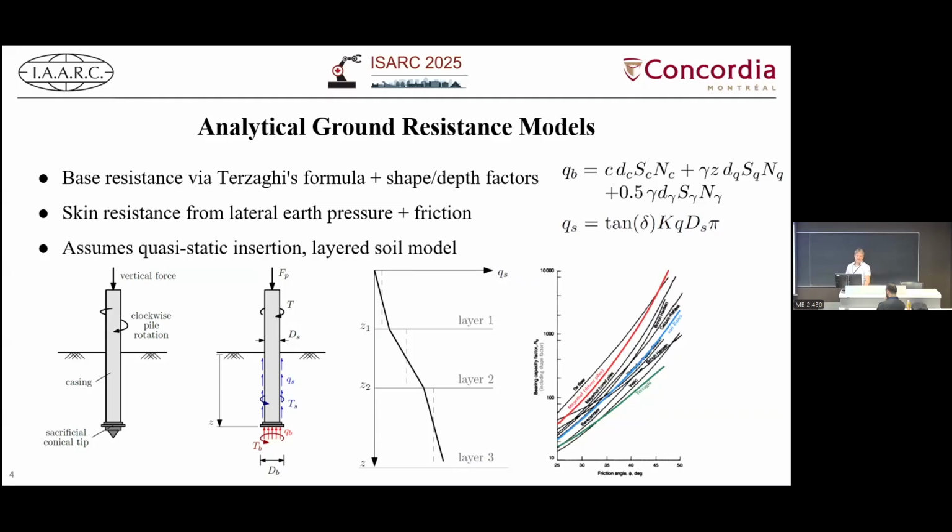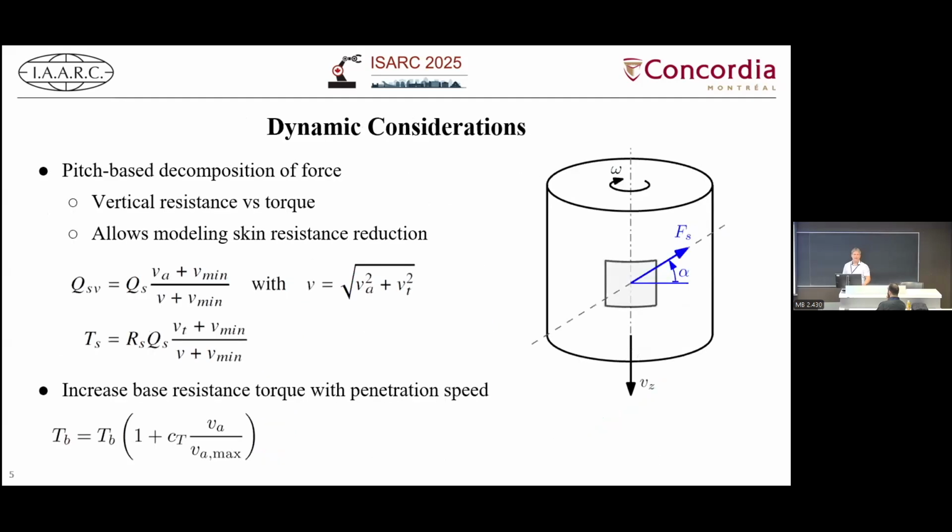On the right-hand side we can see these diagrams, and please notice the logarithmic scale. There are different theories to consider, for example for the base resistance, and they are very different in terms of the magnitude of the response. So we obviously have to provide some kind of tuning factors for this model to be efficiently used, but this is good for capturing the main characteristics.